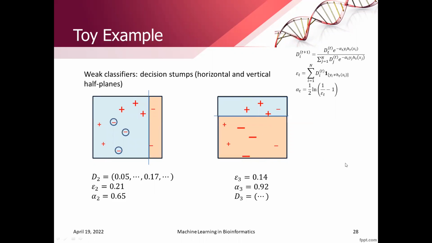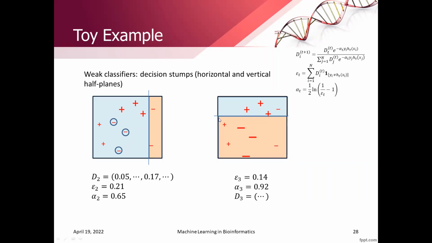And on top of that, we build the next decision stump, which will separate these two classes and correctly classify these three samples, because they have big probability, big weight. So it tries to classify them correctly. Nevertheless, it makes another 3 errors, these 3 patterns in circles. So their weights will be increased for the next round.